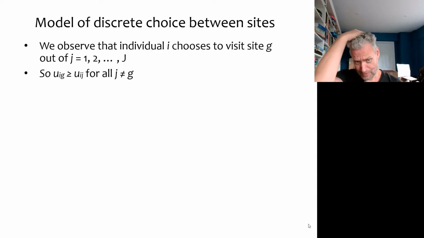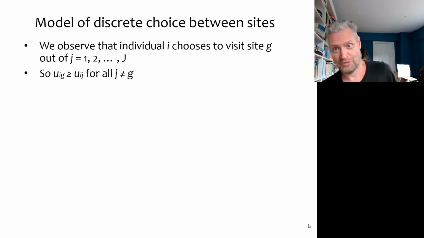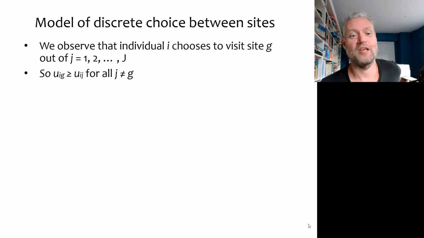In order for this to work, we need to have observations, a number of individuals, here denoted I, who choose to visit a particular site G, but we need to have this for multiple sites, 1 to capital J. Now, the revealed preference, the fact that somebody chose to go to G, implies that to that individual, G is more valuable.